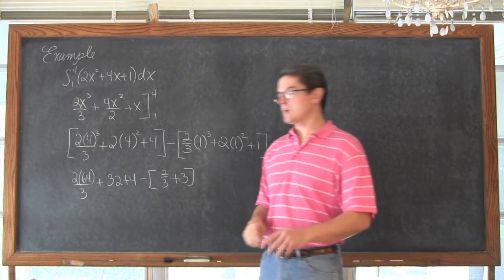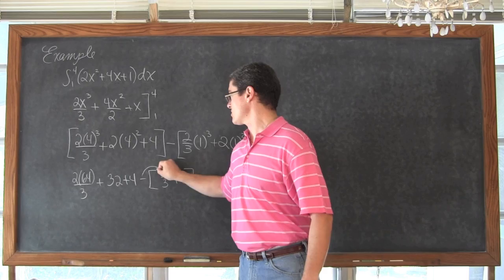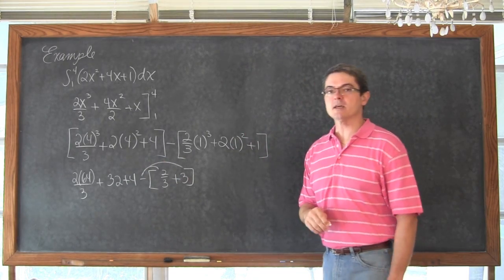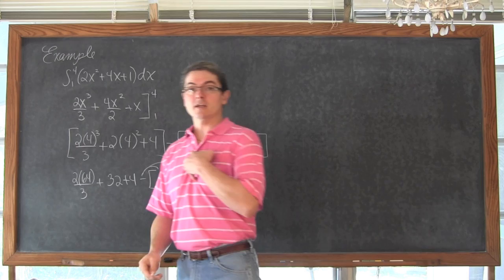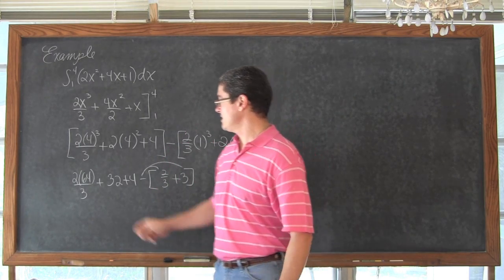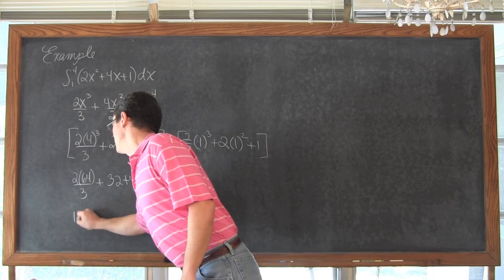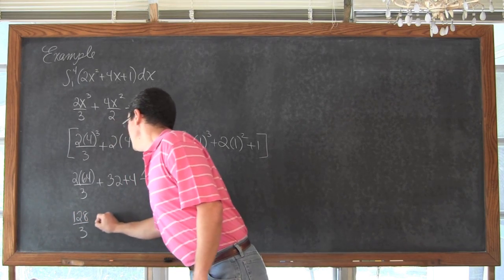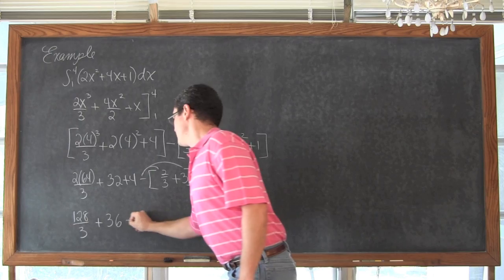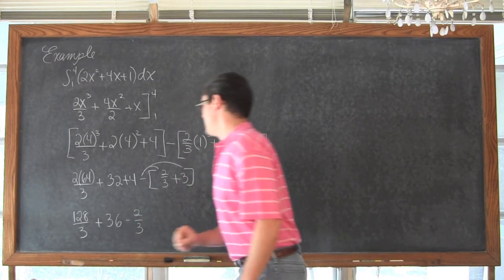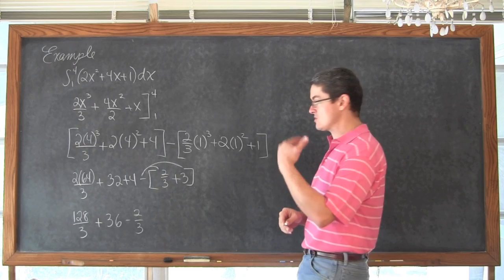Okay, so in the next step I'm going to do two things. I'm going to add 32 and 4 and of course get 36, and I'm also going to distribute this negative sign, just showing you a lot of steps in case you need it. And I will need it too if I make a small mistake so I can find it. So 64 times 2 is 128 over 3 plus 36. Now this is going to be negative 2/3, and 4 minus 3, because we have to distribute that.